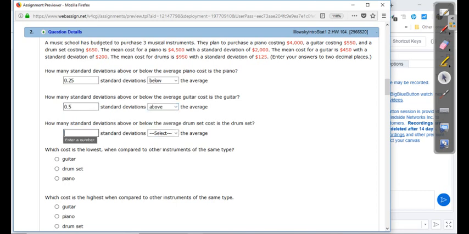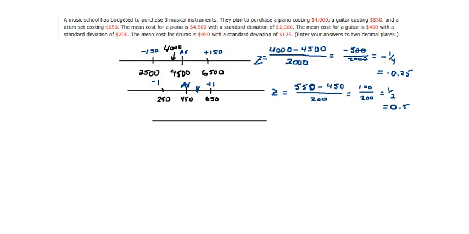How about this one? How many standard deviations above or below the average is our drum set? We can almost do this without the number line, but I'm going to illustrate on the number line anyway, simply because it makes a lot of sense to me when I see it. Our drums have an average cost of $950, with a standard deviation of $125.